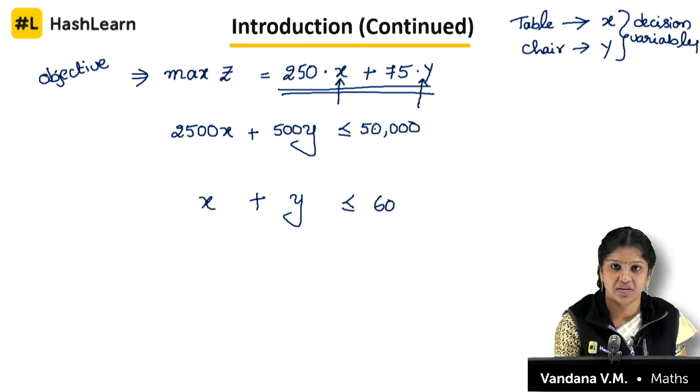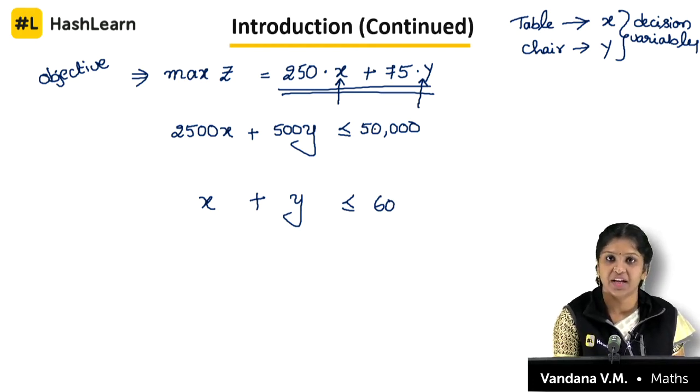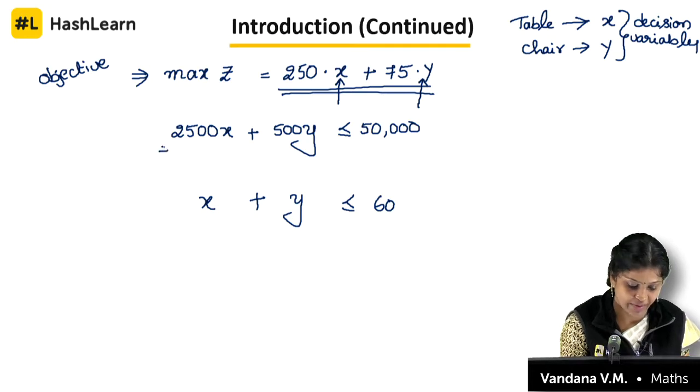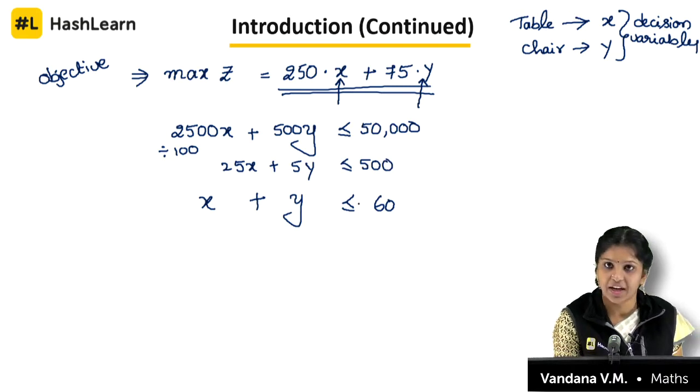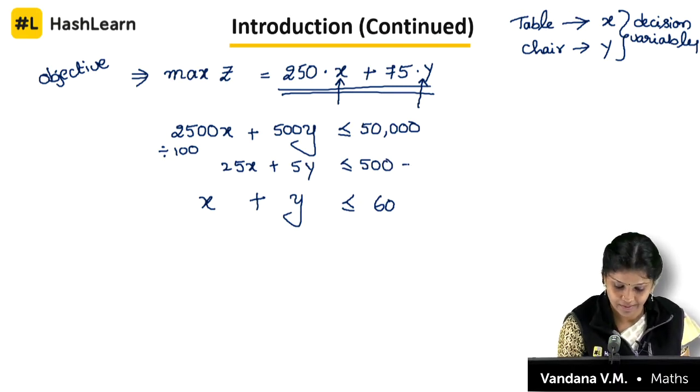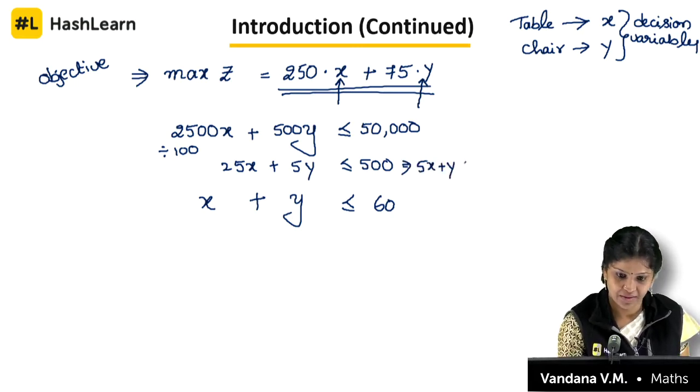Whenever we have a large number like this, we can divide. So if I divide by 100, I get 25x plus 5y is less than or equal to 500. Still I can divide it, right? Again divide by 5: 5x plus y is less than or equal to 100.